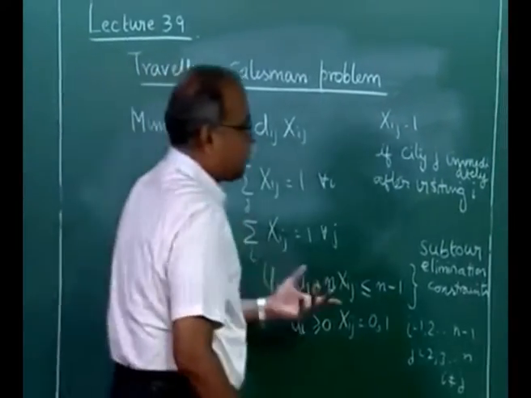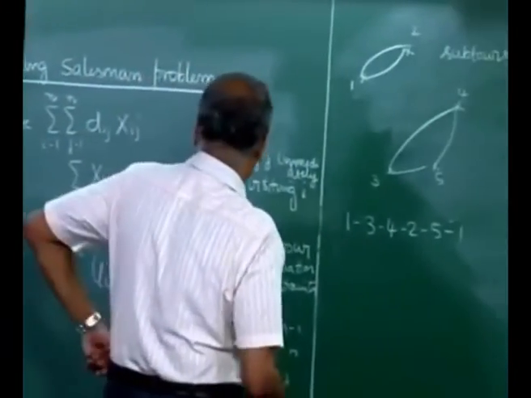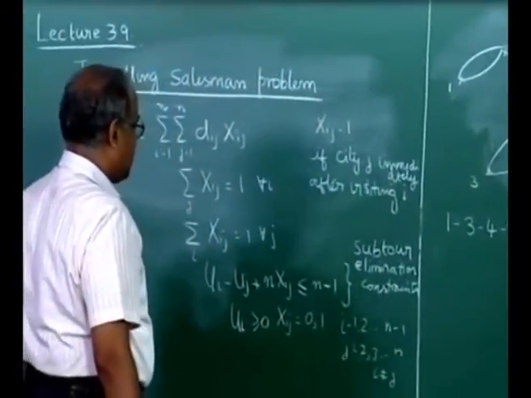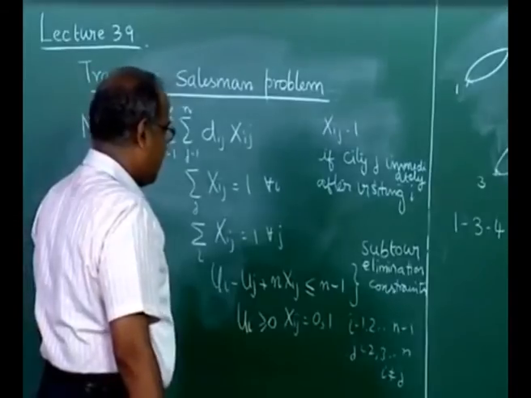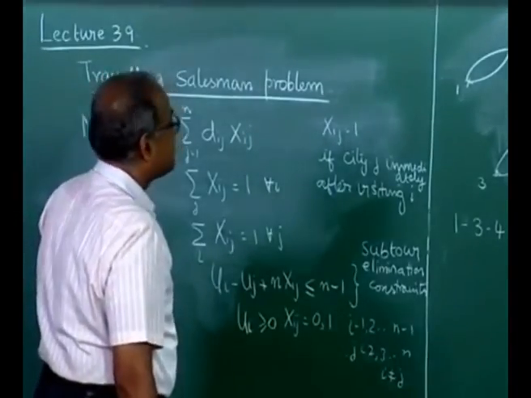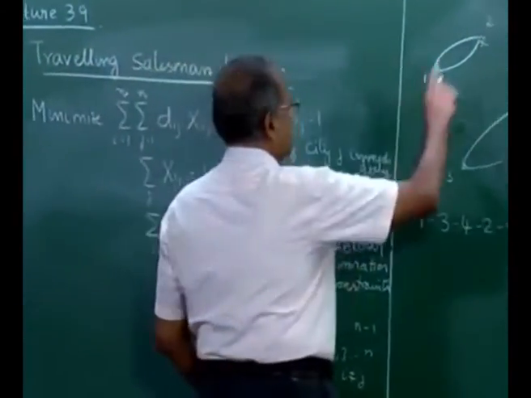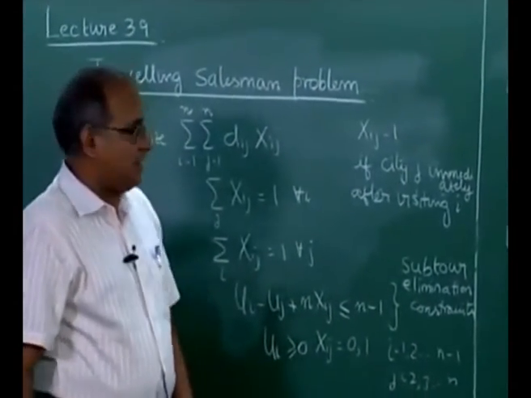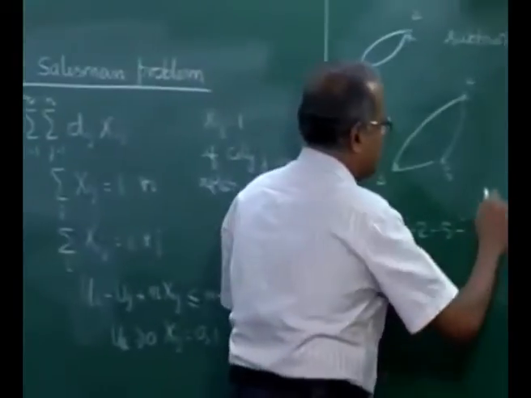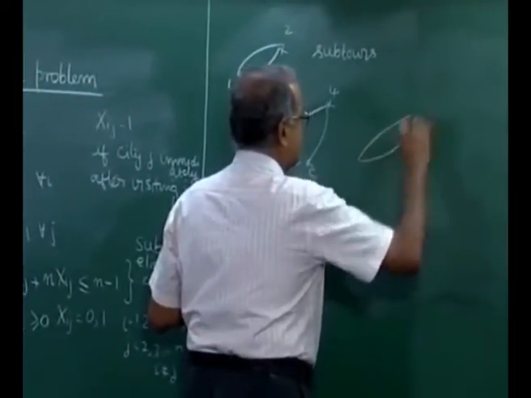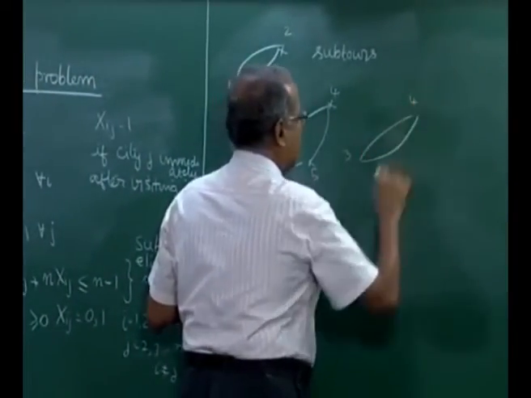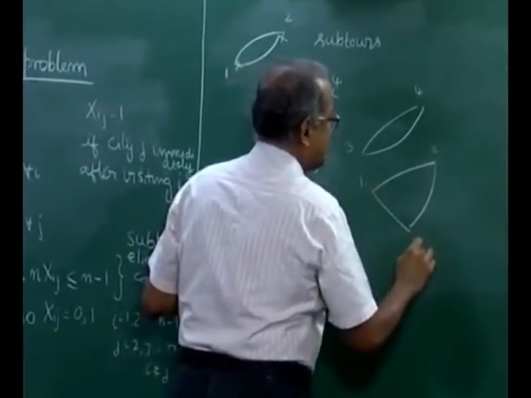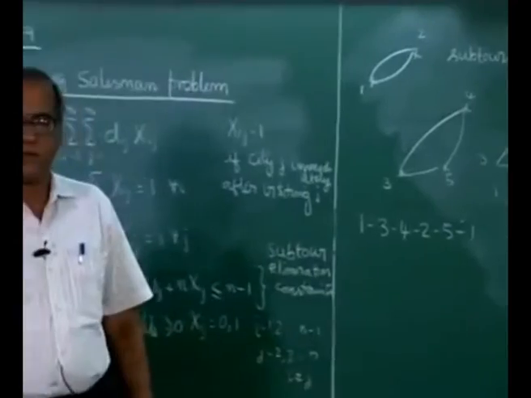Now if there is a subtour, let us say 1 to 2 and 2 to 1, or first let us assume that there is a subtour which is 3 to 4, and then let us say for a 5 city problem there is another subtour that is 1 to 5.